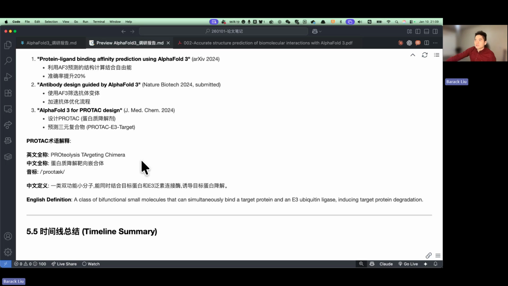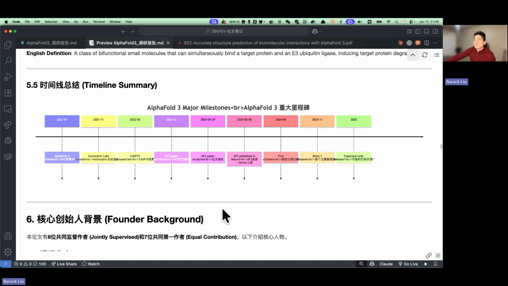PROTAC, Proteolysis Targeting Chimera, a class of bifunctional small molecules that can simultaneously bind a target protein and an E3 ubiquitin ligase, inducing target protein degradation. Timeline.